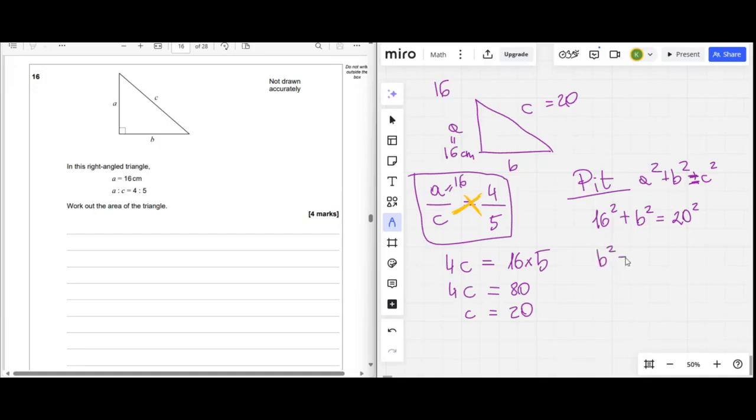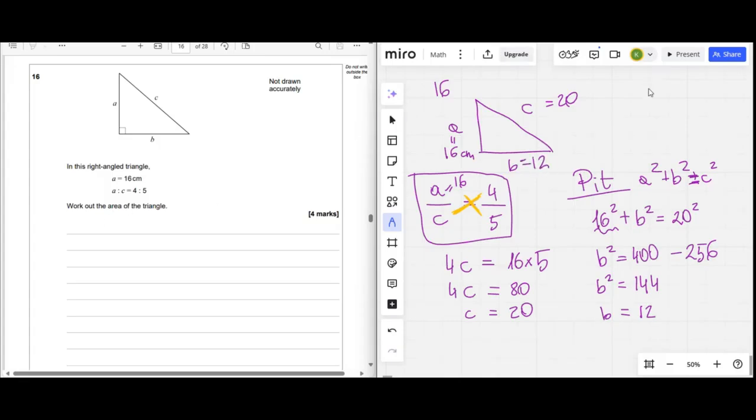So B squared is 20 squared, 400, minus 16 squared, being 256, right? It was on the left, but we need it on the right, so we need to subtract this now. Do you agree? So that difference is 144, and we have the beautiful square root being 12, being B.